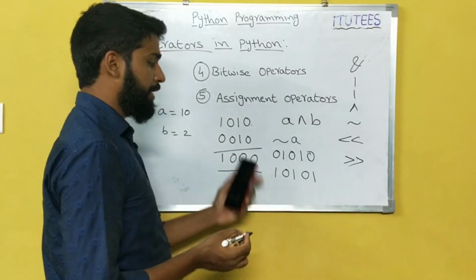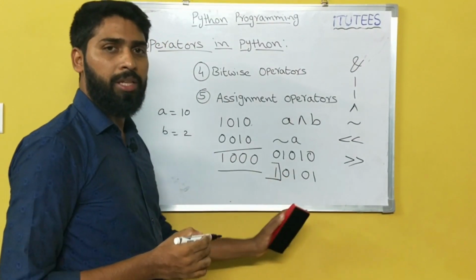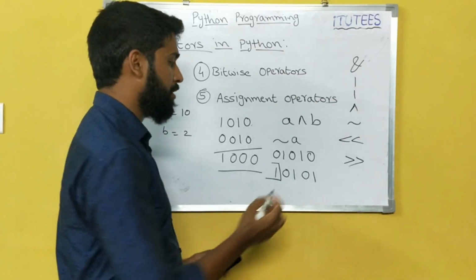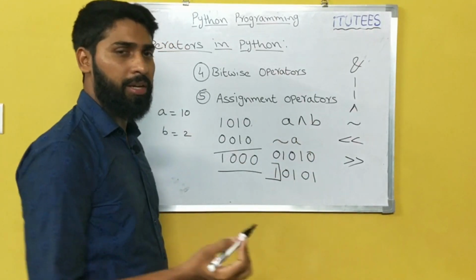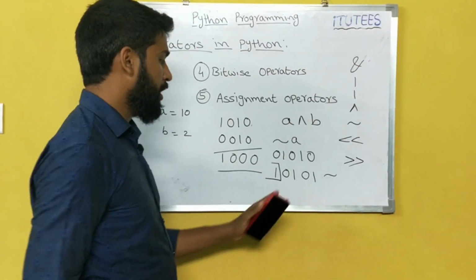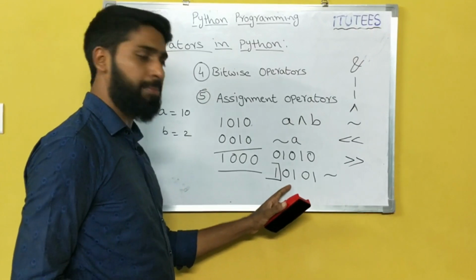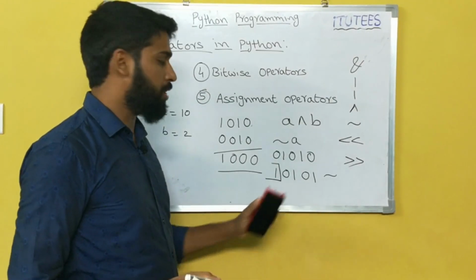But when we retrieve the data, if the leading bit is 1, then the number is treated as a negative value. That means for the negation of a, we get a negative number. So what is the equivalent number of this binary number? For this you are going to find the 2's complement.